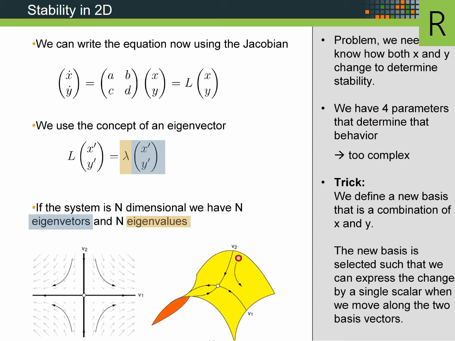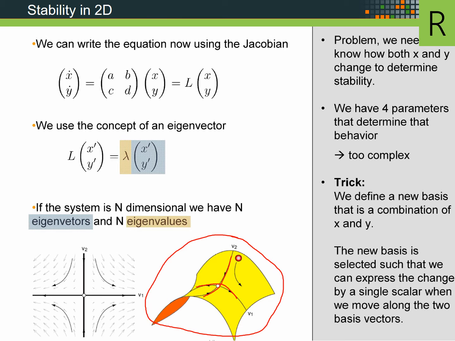We then realize that the Jacobian is describing the full behavior of the differential equation. And we also realized that instead of looking at the Jacobian itself, it's sufficient to look in its eigendirections. This is depicted here for the saddle node on the lower right side. The eigendirections are the directions which describe the principal behavior of the system, which are these two lines.